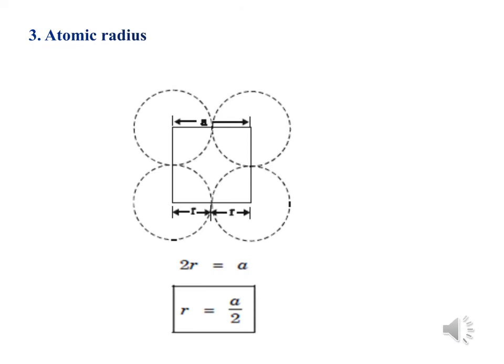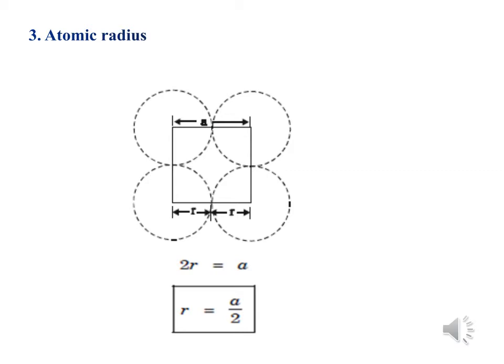Next, the third characteristic, atomic radius. Definition: half of the distance between any two successive atoms in the unit cell. The figure shows this unit cell, with the two nearest atoms.